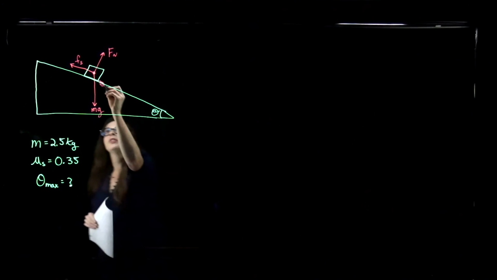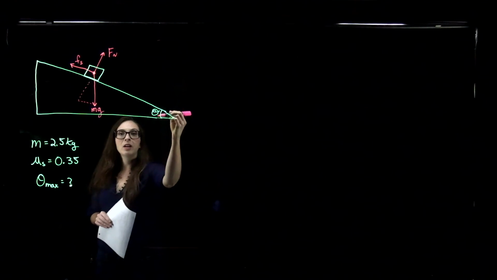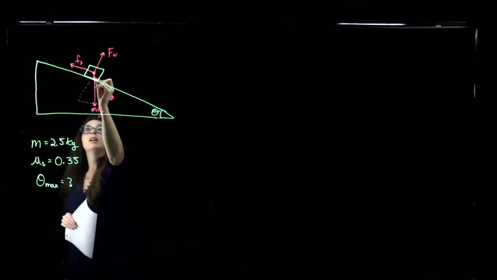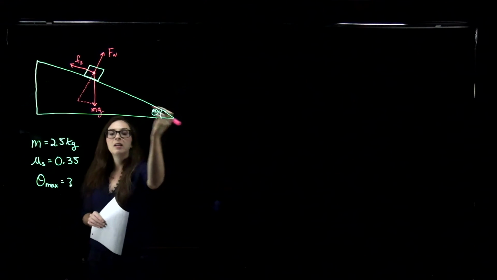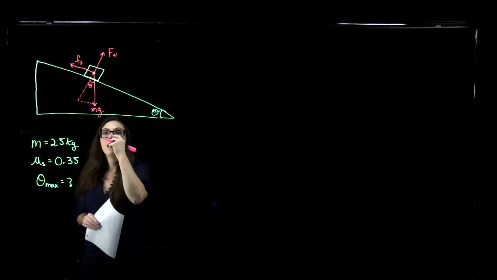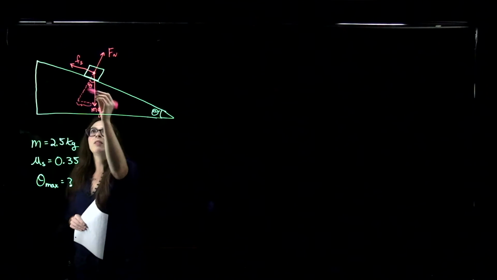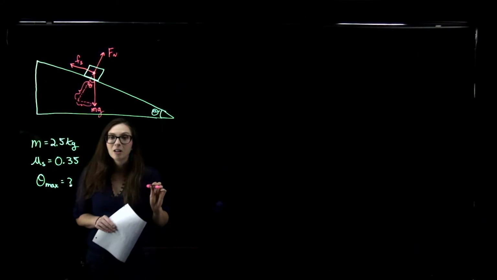So then if I come over here, this angle here is theta. Then we already talked in a previous problem about how if this angle down here is theta, then this angle up here is theta, okay? And we already also talked about how we can find the x and y component of the weight here.